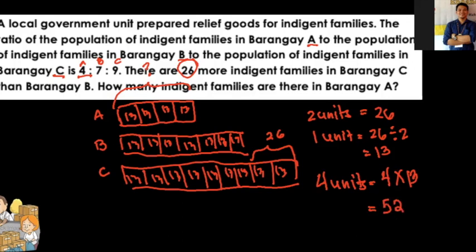So therefore, there are 52 indigent families in Barangay A. Okay, that's all for now. I hope you learned 3 different ways on how to solve word problems related to ratio. Thank you and see you next time.